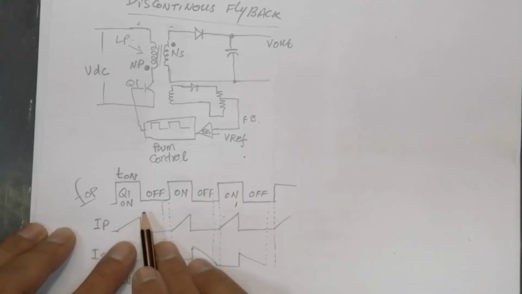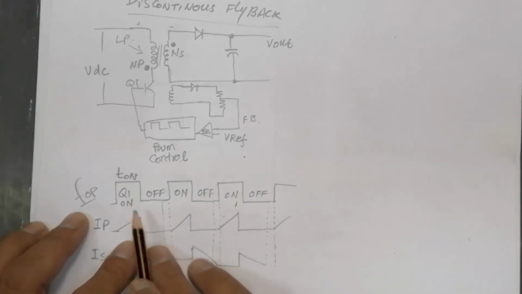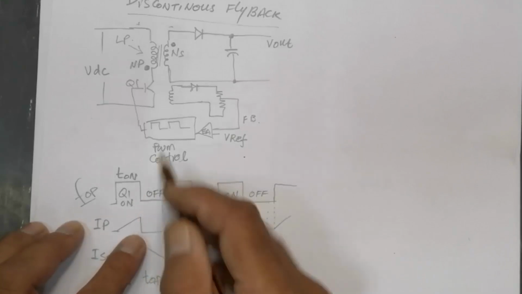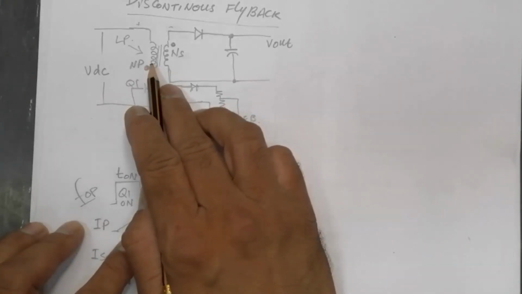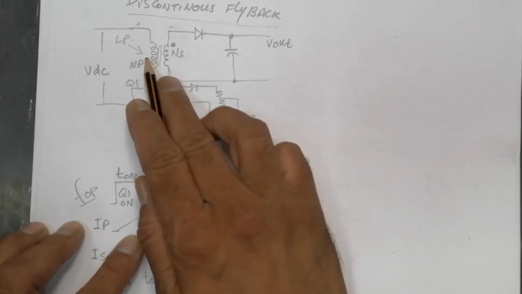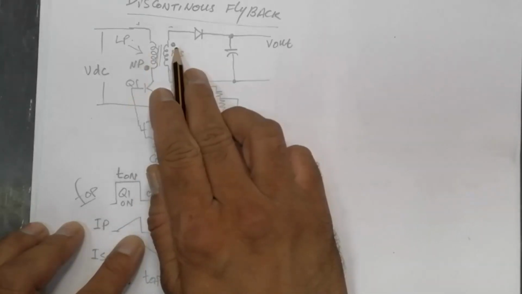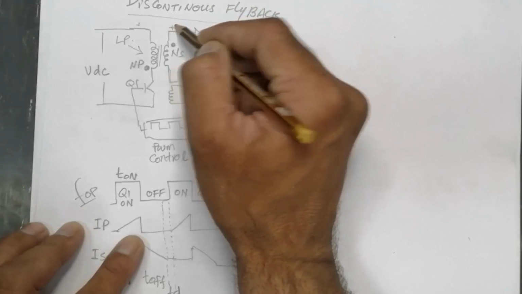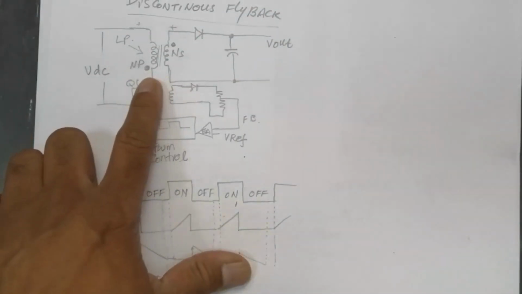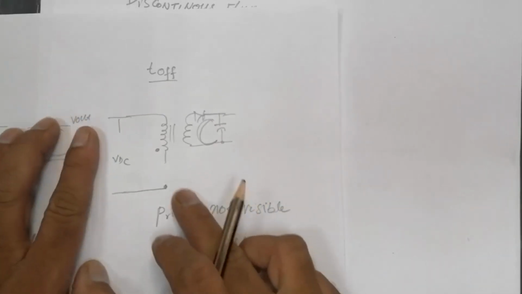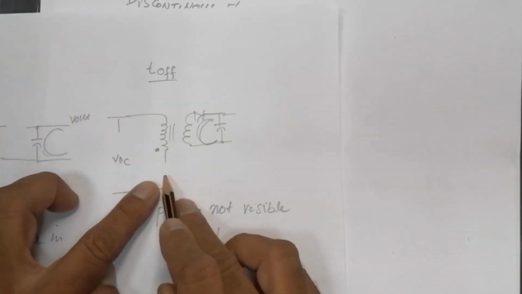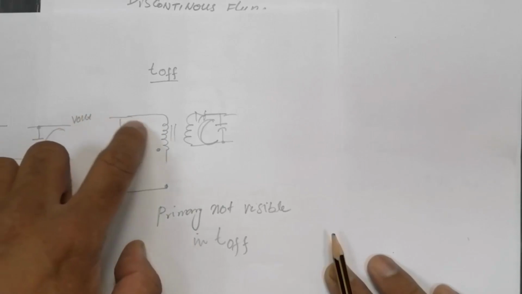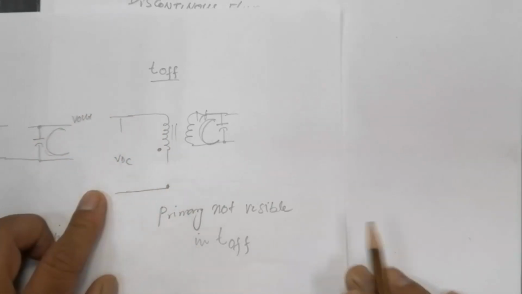When Q1 is off, T on is over, and in this T off time the magnetic field will collapse. When it collapses, it will induce a voltage in the secondary, and this time the voltage will be positive. In the T off period this transistor is off, so the primary is not visible because it is not making any load on the input voltage VDC.